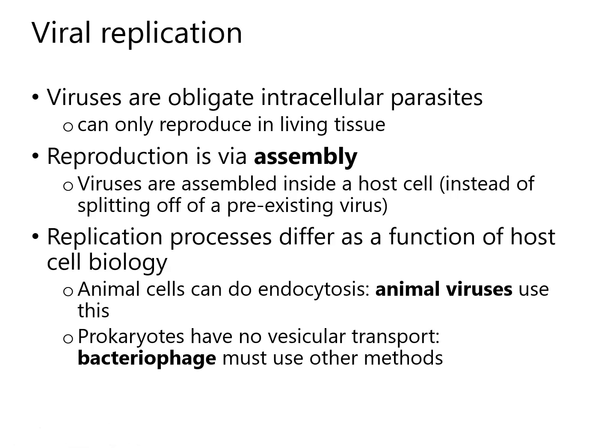Bacteria and archaea don't have vesicles. They don't use endocytosis or exocytosis because they are smaller than a vesicle, and because they have cell walls, so it wouldn't make any sense anyway. So bacteriophage can't use endocytosis to get into a cell.